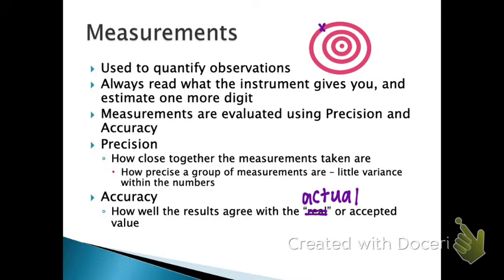If my attempts are like this, what are they? It's not really either, right? They're really not precise because they're not grouped together. I've got one accurate one that's on the bullseye, but that's not a good set of data collection. If I want them to be accurate and precise, they've got to be all around the middle there, right? That would be a data collection set that looks good.